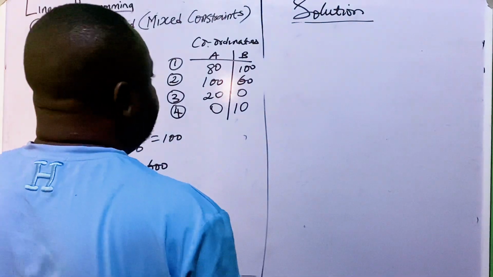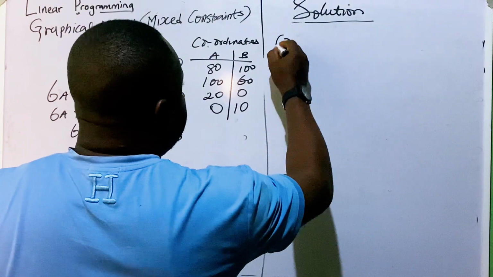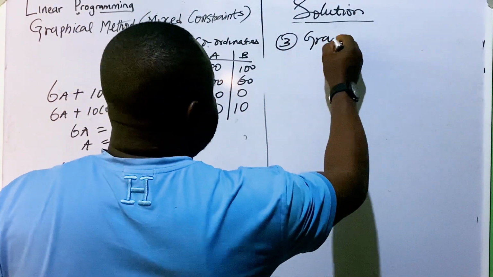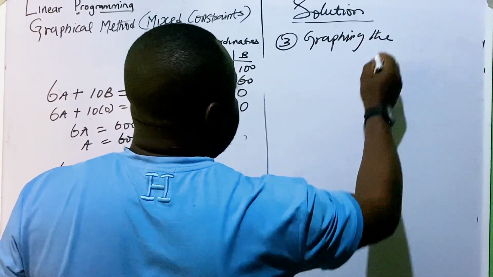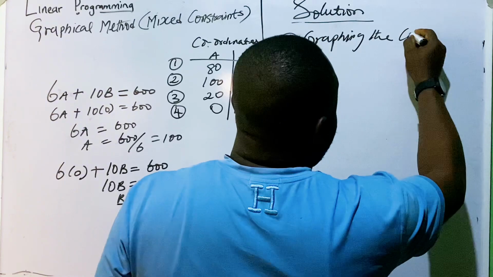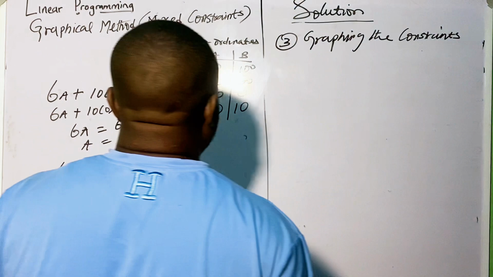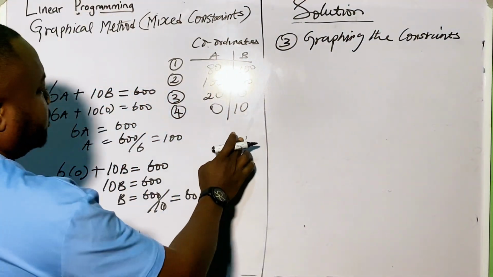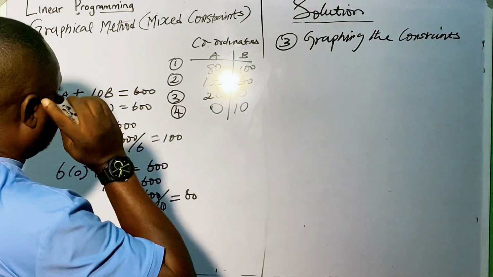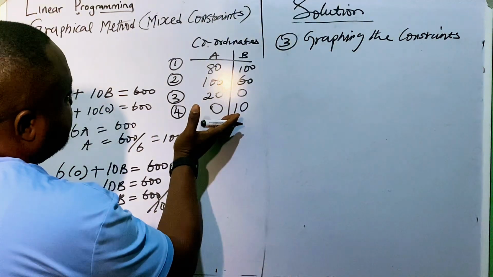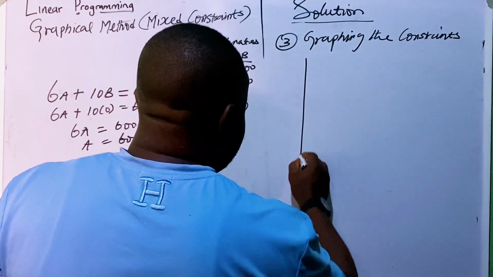So step 3, graph the constraints. So, of course, when you want to choose your scale, you look at the nature of your values. So you can see that they are in the tens.